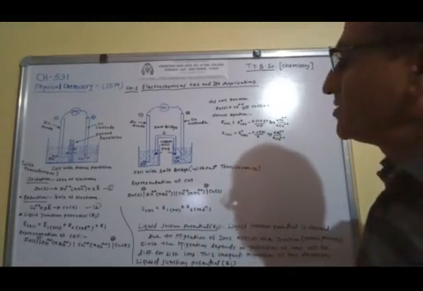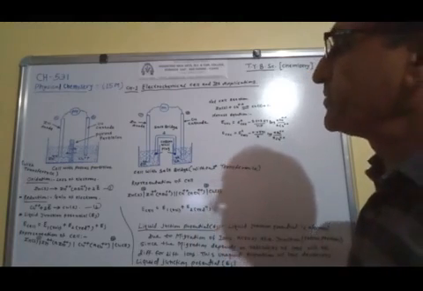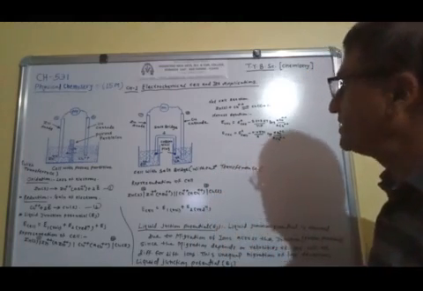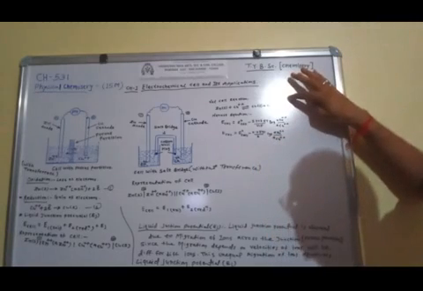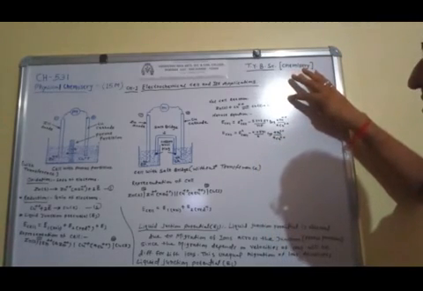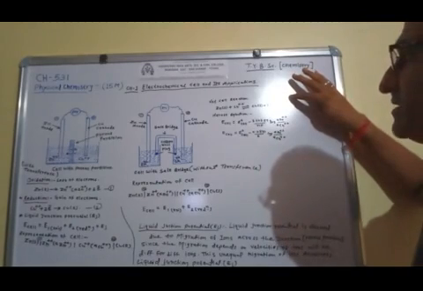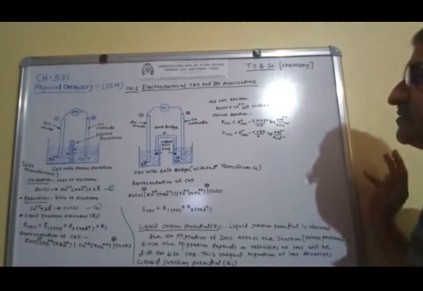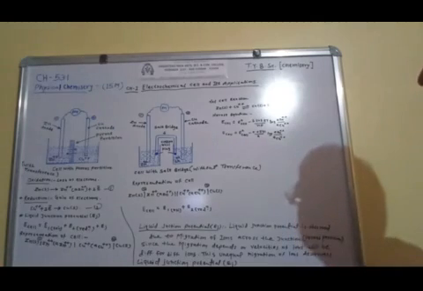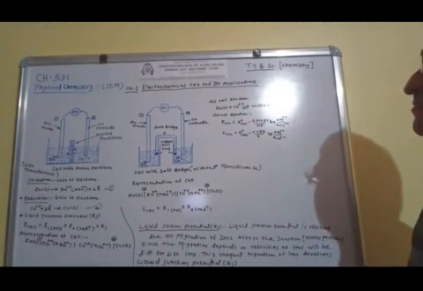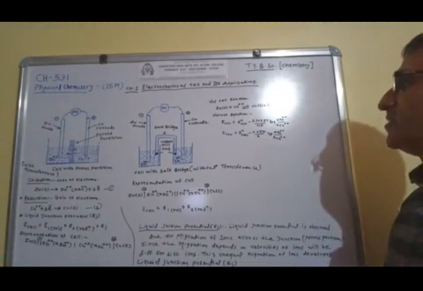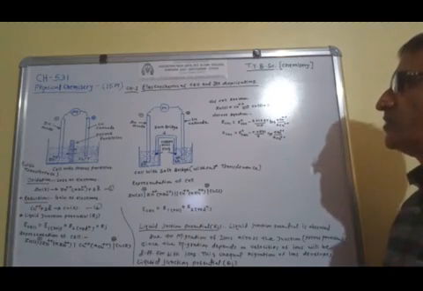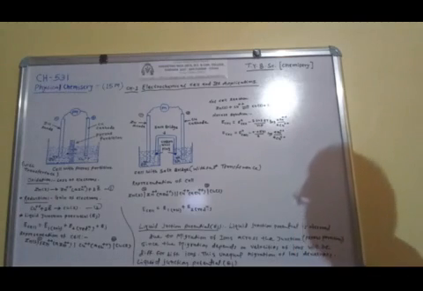The combination of two half cell reactions is called the net cell reaction, and here it is given as Zn solid plus copper plus plus, activity of copper plus plus, gives copper solid plus Zn plus plus, activity of Zn plus plus, where zinc and copper are in elemental form.